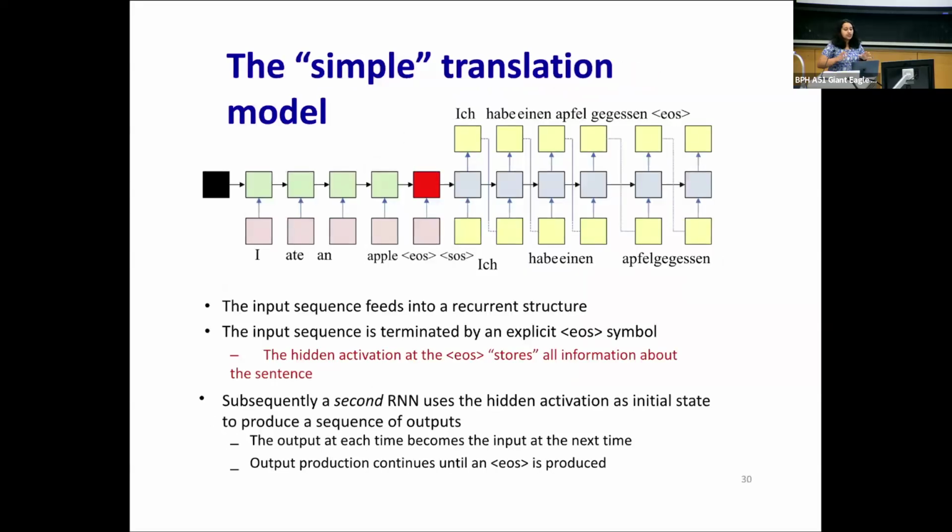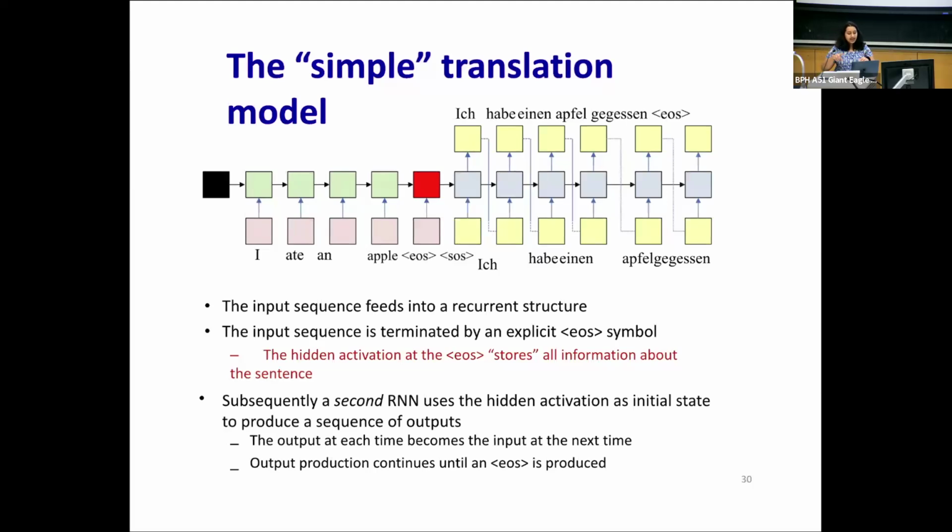The simple translation model works like this. You pass in an input, and once the input is completely given to the model, the final hidden representation is passed to the decoder with the SOS token so that the decoder knows this is the start of the output.